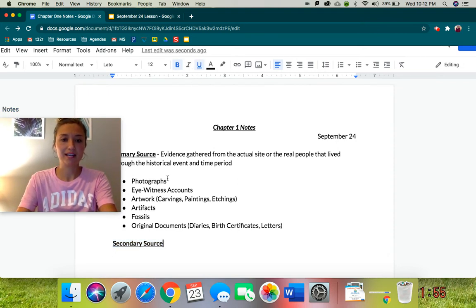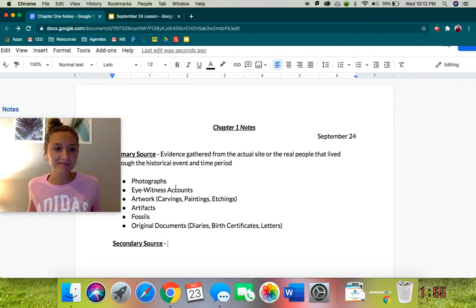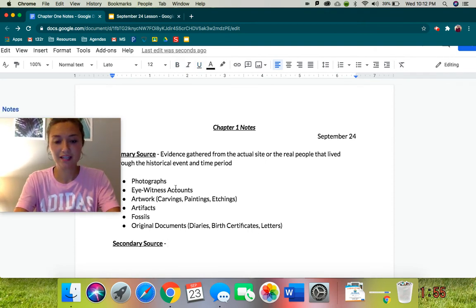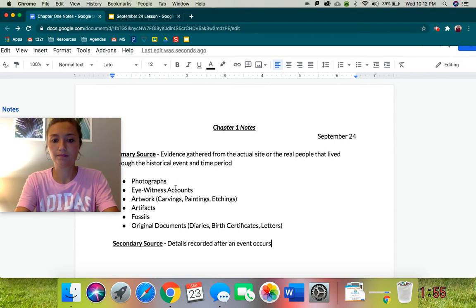All right, and then we're going to take the bold and underline off, dash, and here's your definition. Details recorded after an event occurs, comma, documents are recorded by someone who was not actually at the event.